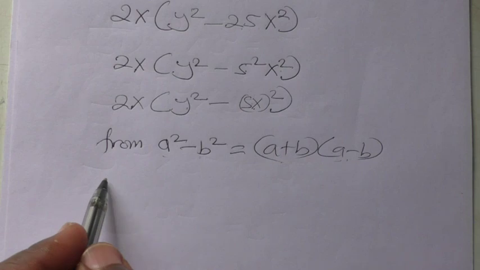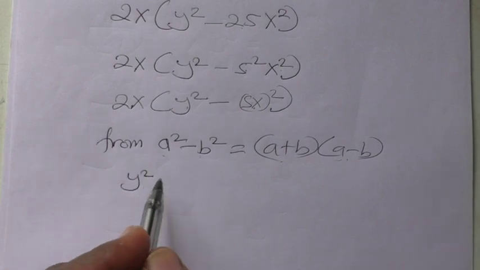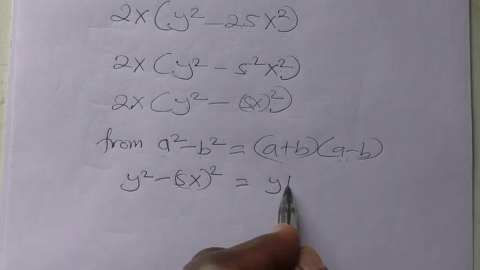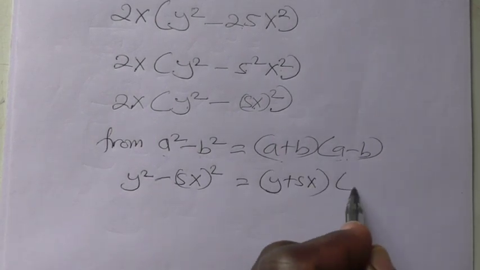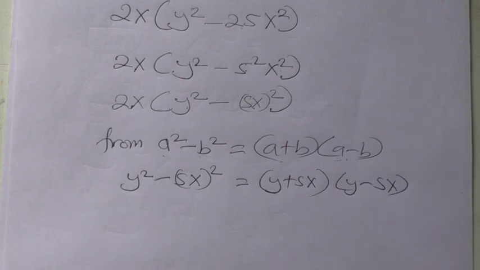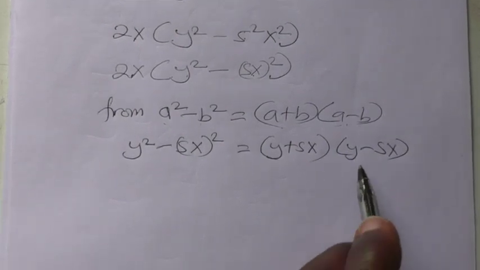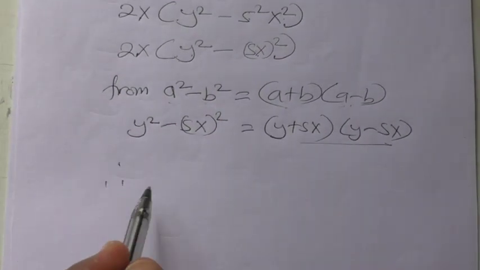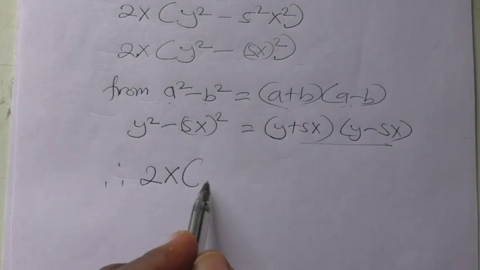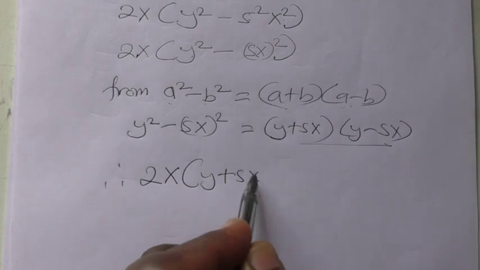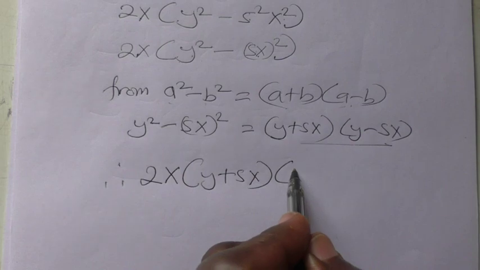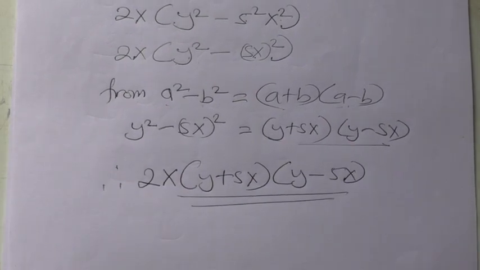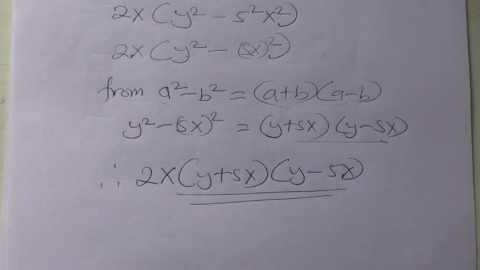So similarly, our y squared minus 5x squared will be y plus 5x and then y minus 5x. So we bring this into that. That gives us, therefore, 2x into y plus 5x and then y minus 5x. So that is our final answer.